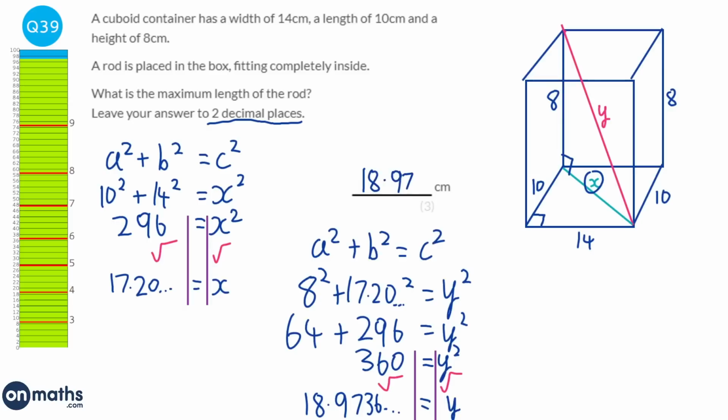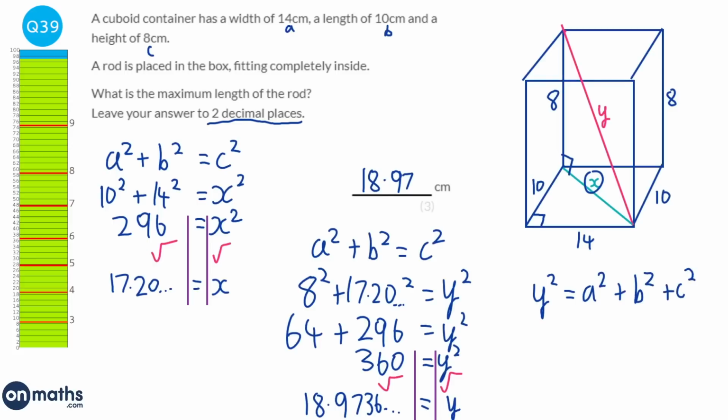Now a different way we could have done this is we could have worked out y straight away. I'm going to label the sides A, B, and C. And what you can do is you can do y squared equals A squared plus B squared plus C squared.